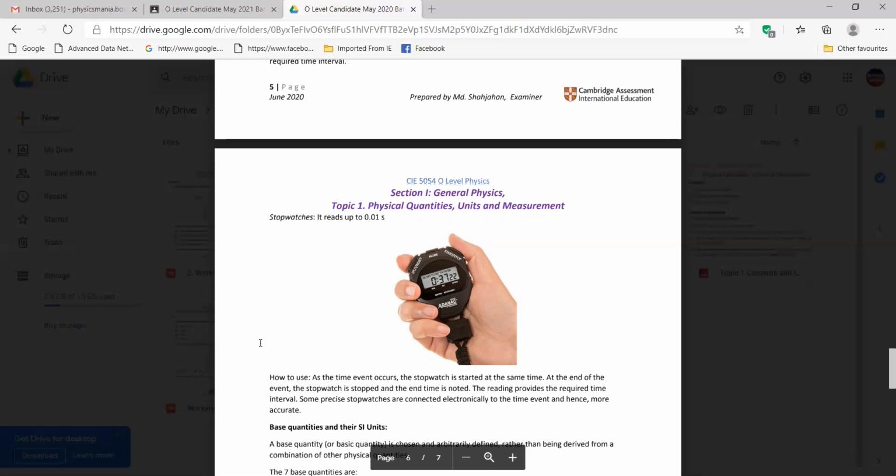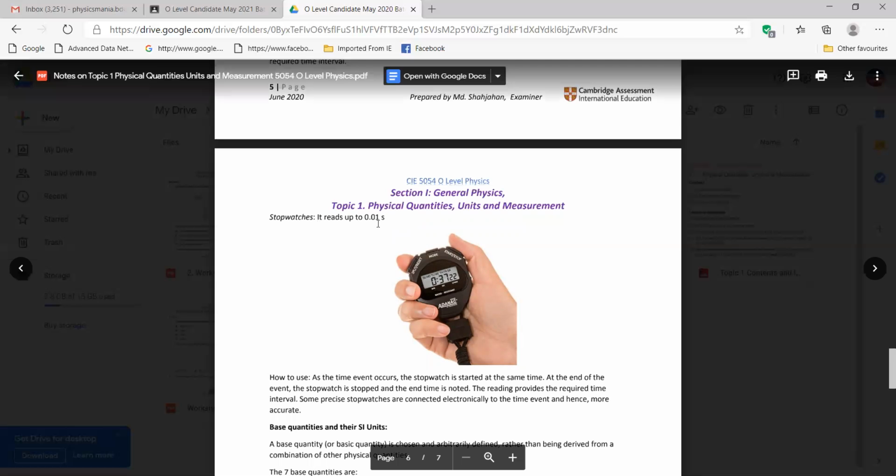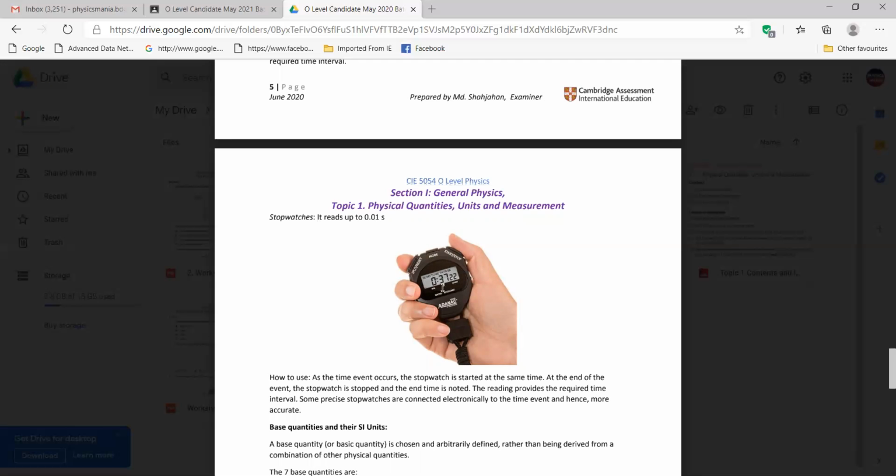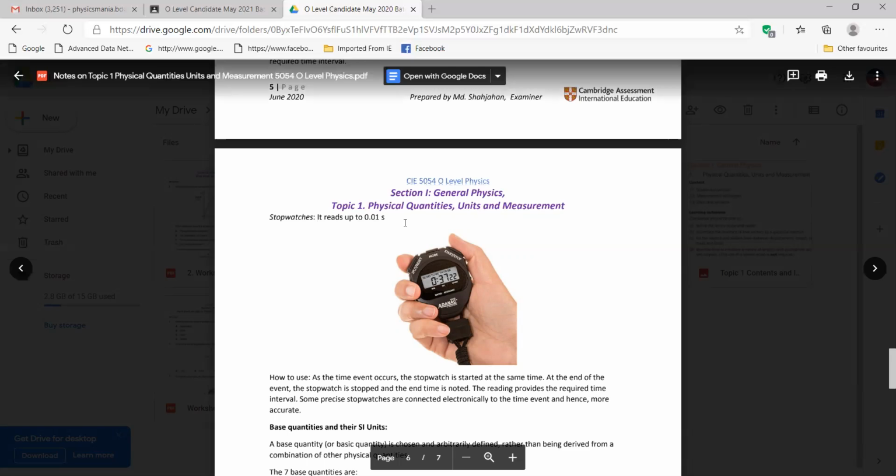So using the stopwatch, we can measure up to 0.01 second. That means if you divide 1 second into 100 equal parts, then we are getting 0.01 second. Look, in this stopwatch, we got 37 seconds, then 22. That means 37.22 seconds. Yes, sir.